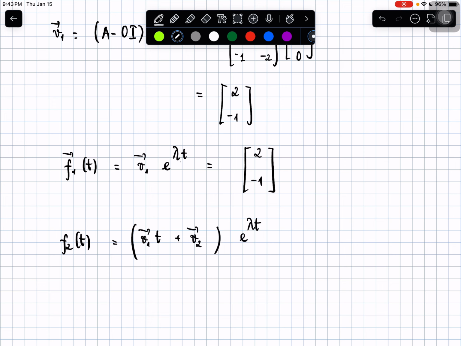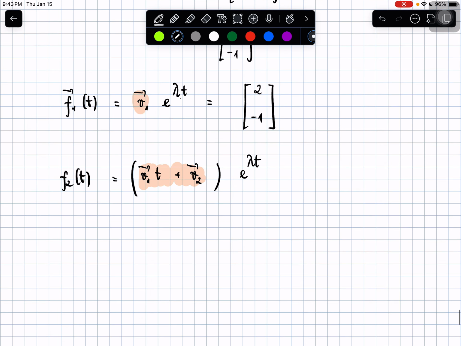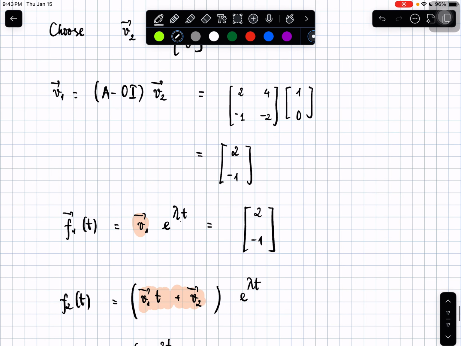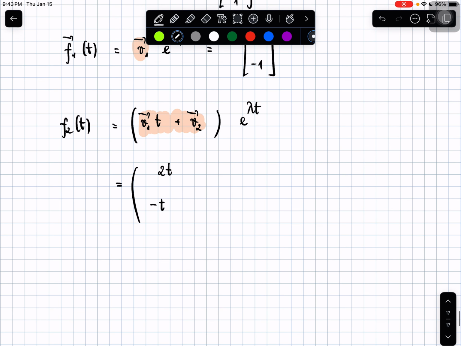In our case v1 is 2, minus 1, times t, plus v2, which is 1, 0.